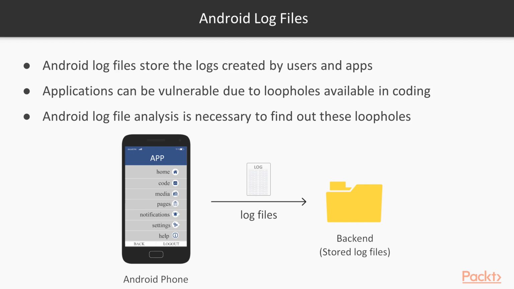So an attacker or pen tester will get some secret information in the backend. So it is also necessary inside Android pen testing that pen testers generally create some logs, then analyze log files to get information about the Android app vulnerabilities. So this is useful for both attackers as well as pen testers. That's why we as pen testers analyze Android log files.